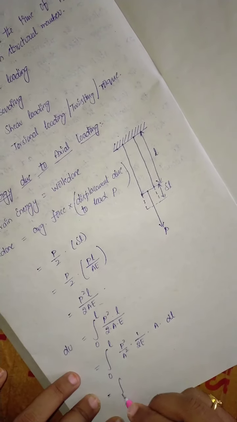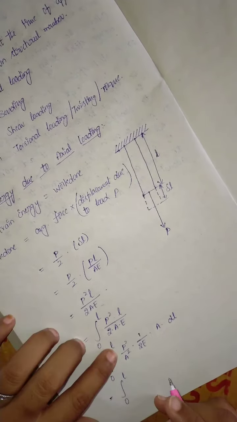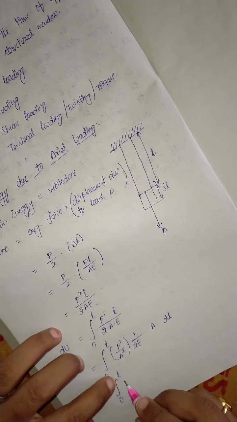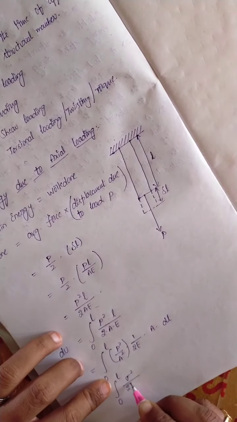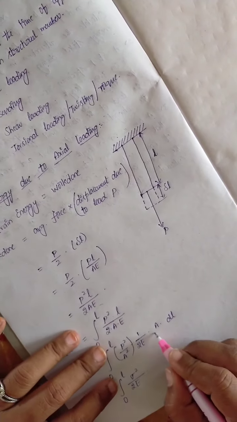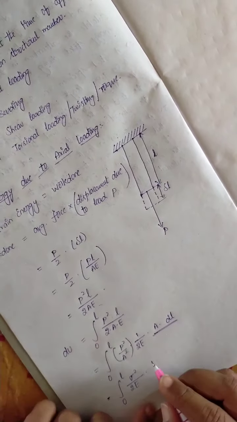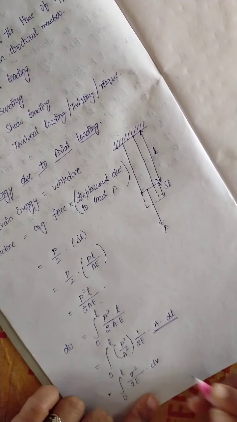Now we know that from 0 to L, this P square by A square term will become sigma square by 2E into, see, this A into dl leads to volume, which is nothing but dV.